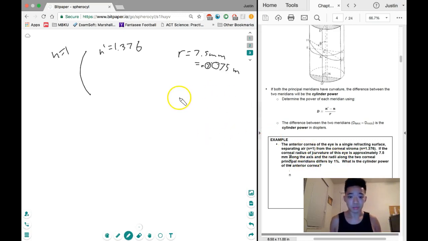I think the trickiest part of this problem is understanding that if they differ by 1%, then if R1 is this, you can say R2.